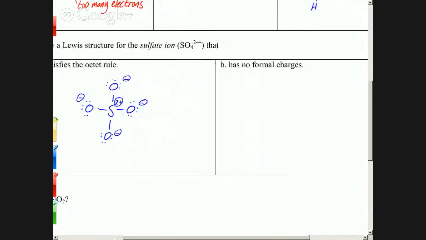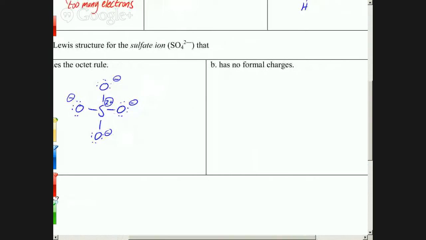We can cut down on those formal charges a little bit if we violate the octet rule. So we're sort of always choosing here if we want more formal charges or if we want to keep the octet. So how do we do it? How do we cut down on those formal charges by violating the octet rule? Yeah, so we can make double bonds on 2 oxygens, leave the others single bonded.